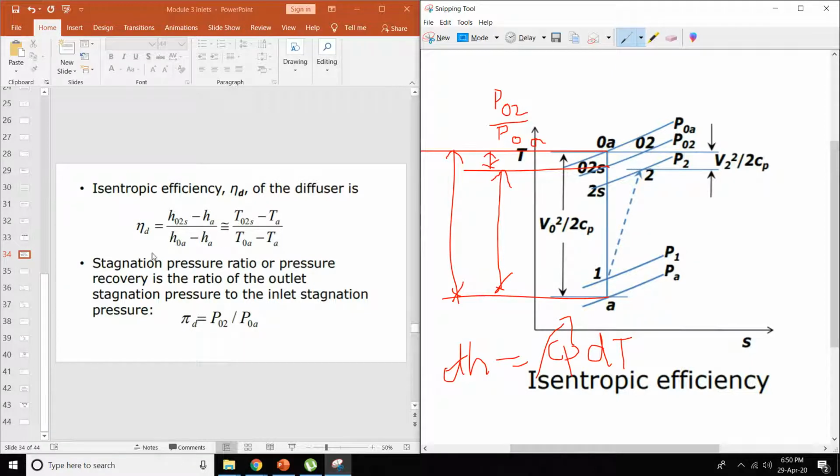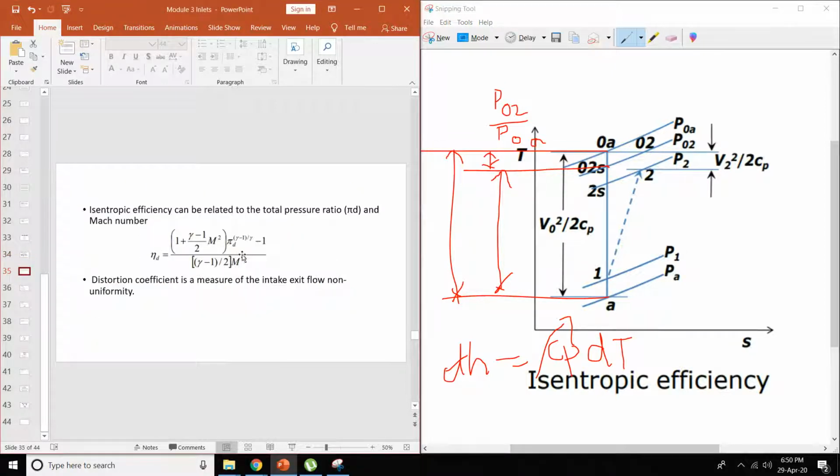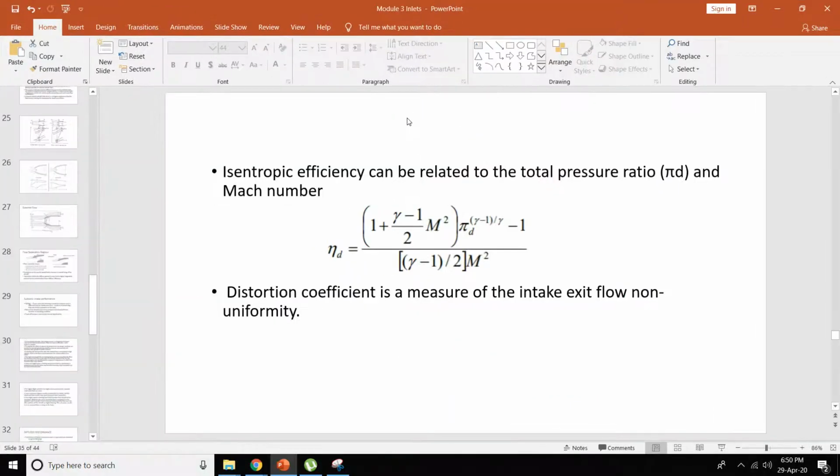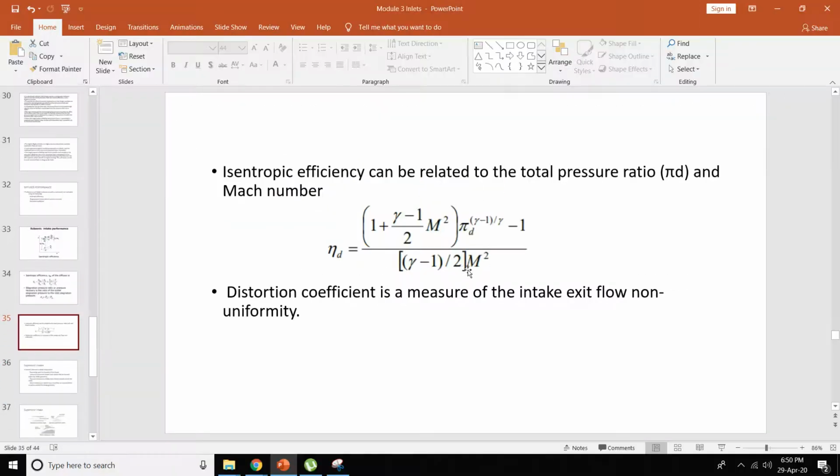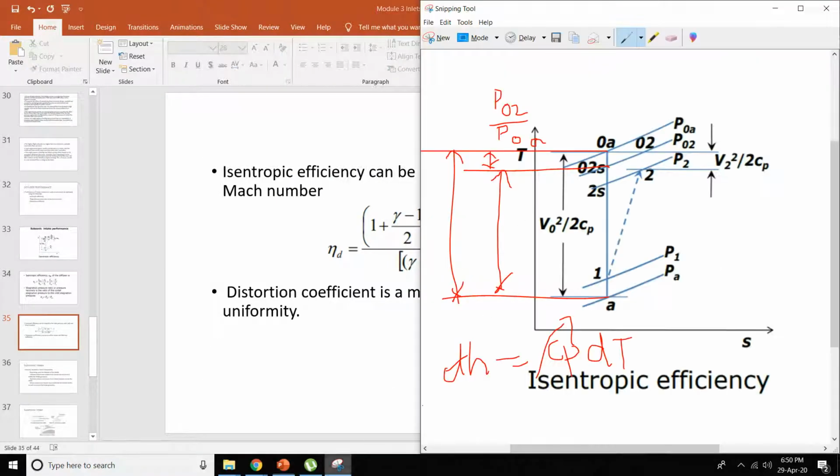If you further evaluate this efficiency term, the efficiency will become 1 plus gamma minus 1 by 2 m square divided by the stagnation pressure ratio minus 1 to the power gamma minus 1 by gamma, divided by gamma minus 1 by 2 divided by m square.